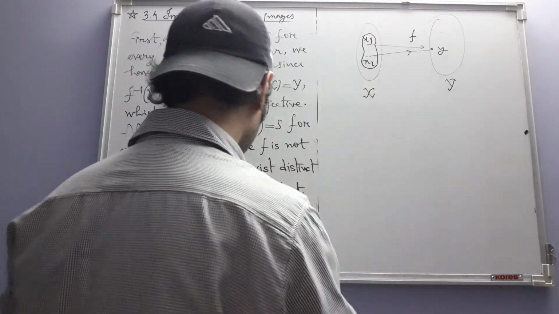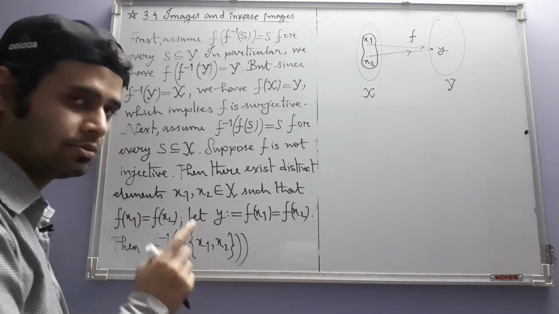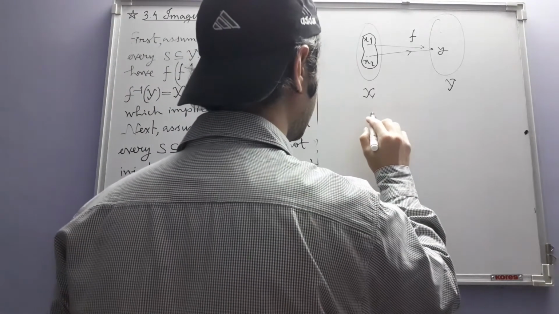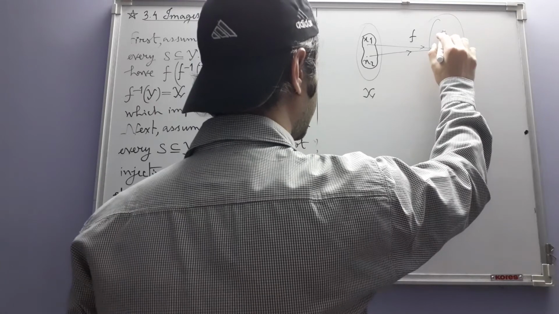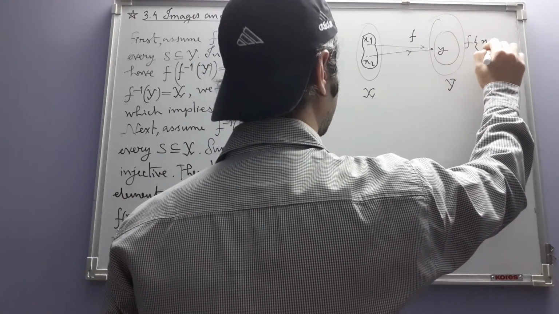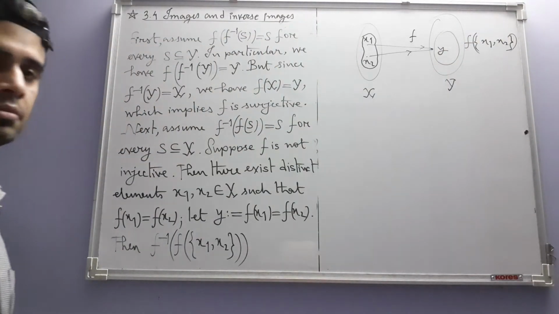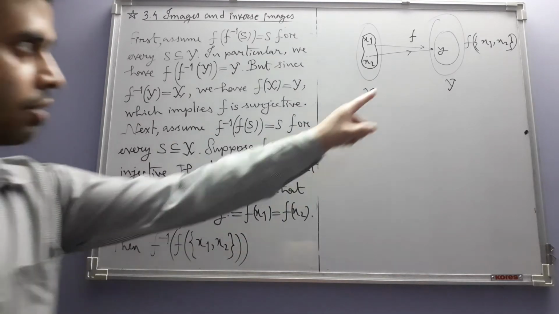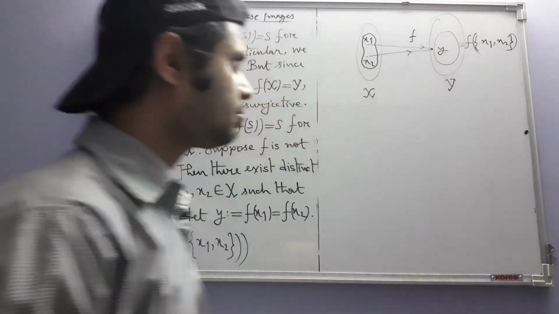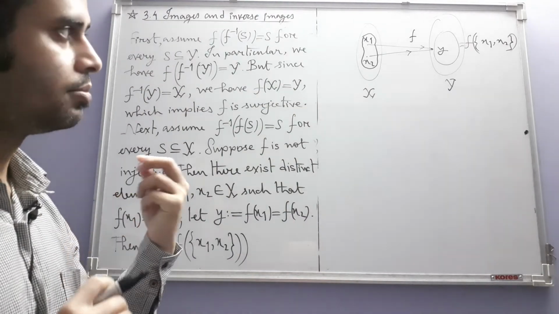What happens when we apply f to x1 and x2? You see, we get the same element y. So that means we have y here in this set. For this set, we then again have to consider the inverse image.